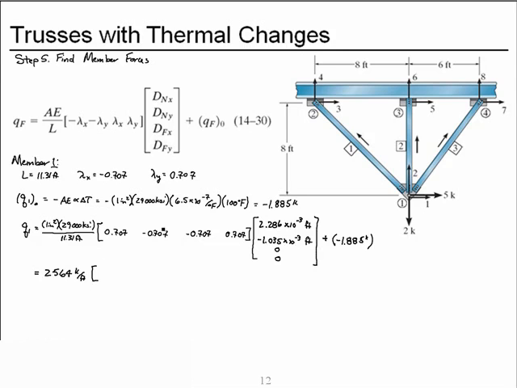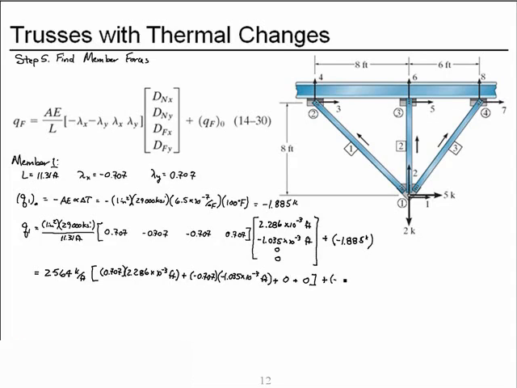We take this lambda times this displacement, plus this lambda times this displacement, plus this lambda times this displacement, which is 0, and this lambda times the last displacement, which is also 0.